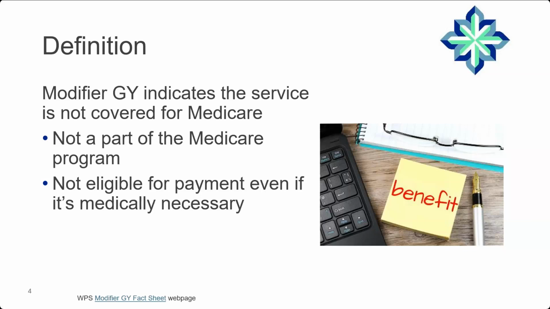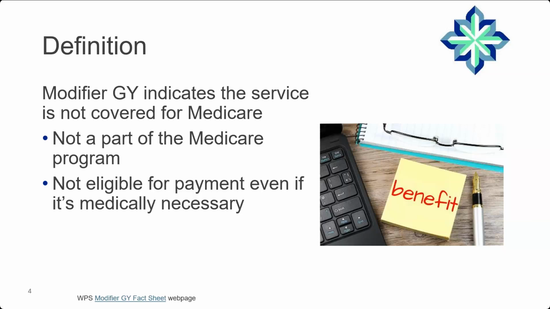So GY means no ABN was given, no information was given, no official written document. That's what GY means. I was asked a very specific question, which we'll get into a little bit later, about when you do give one for this purpose. Okay, so that's what we know about GY.